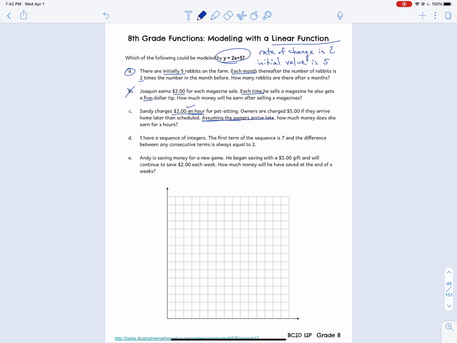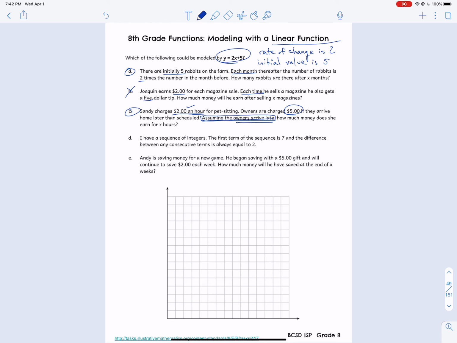So this is very important. If it just said, how much does she earn in x hours, then it depends if they're late or not. So that $5 is not always there. But if we are told that the owners arrive late, then this equation does work, because she has to charge that $5 for the fee and then $2 per hour.